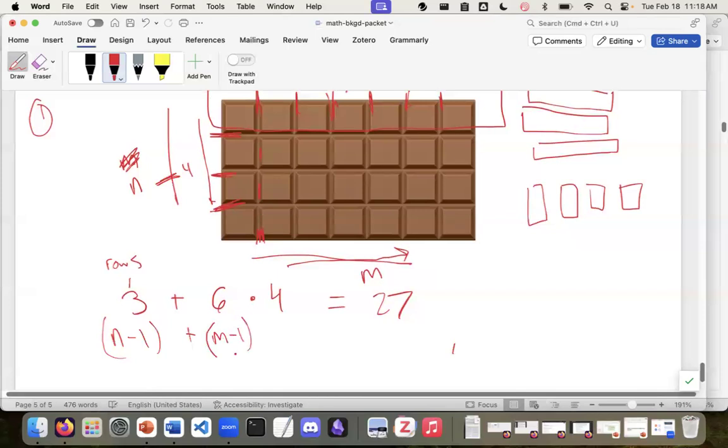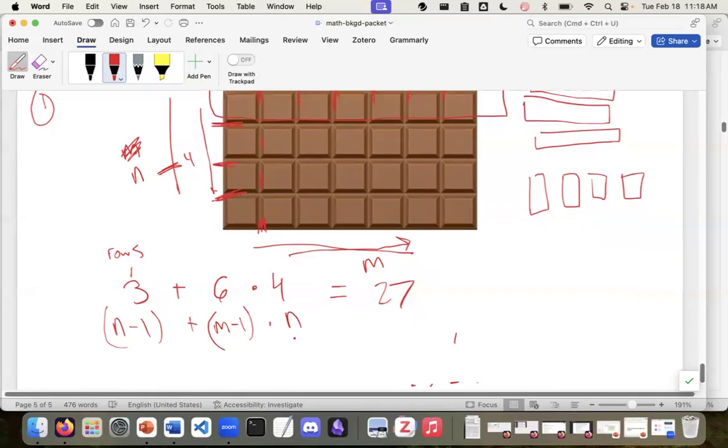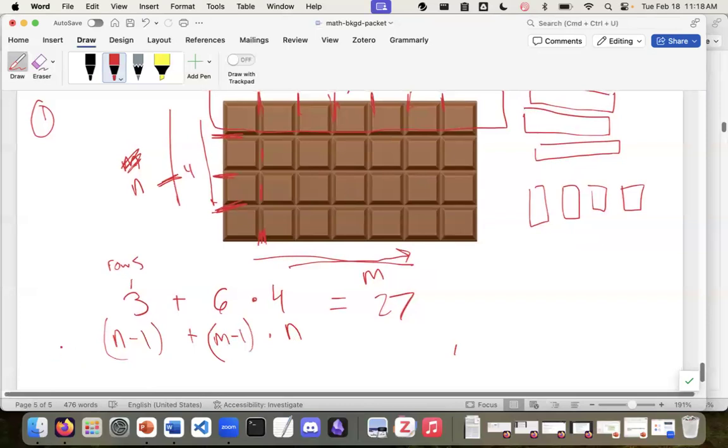M minus 1. And then what's 4? N. Right. We can read this formula to say that the n minus 1 is where we broke the rows, and then we've got n rows after that. And to break each of those rows into individual pieces, we have to break that row m minus 1 times.